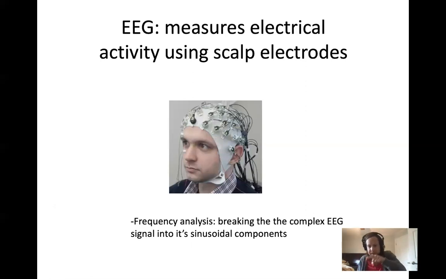You get a little trace, and I'll show you a video in a second where you can see a trace on an electrode being created as the machine records the electrical activity. Frequency analysis is breaking down that trace into its different sinusoidal components.